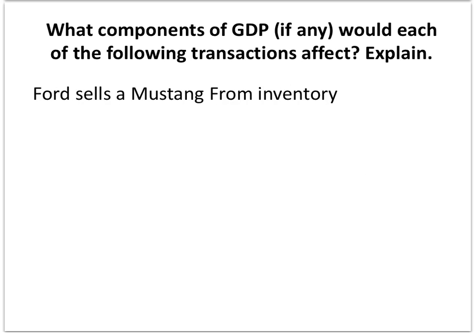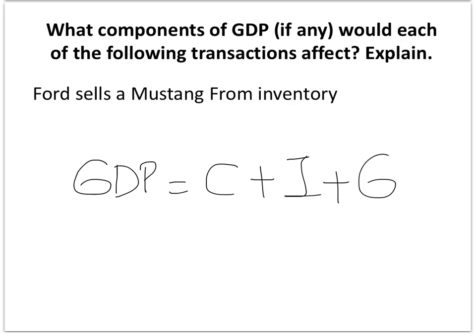Okay. Next example, Ford sells a Mustang from inventory. So let's look at the GDP again. It's composed of consumption plus investment plus government expenditure plus net exports. When you produce a car and cannot sell it in the year you produce it, you put the car in the inventory, and that inventory is considered investment.